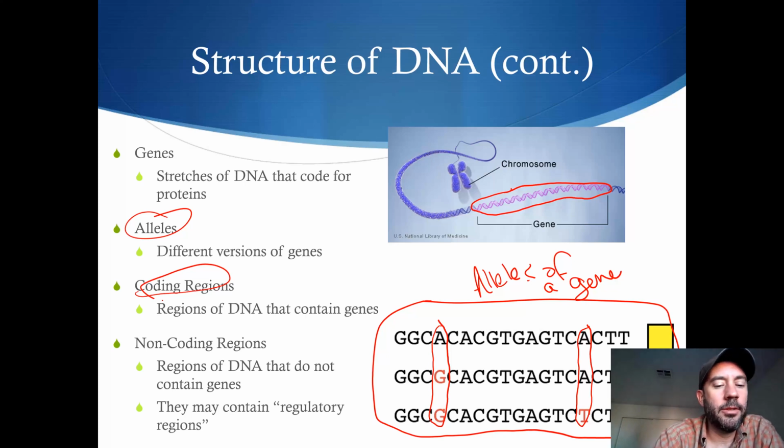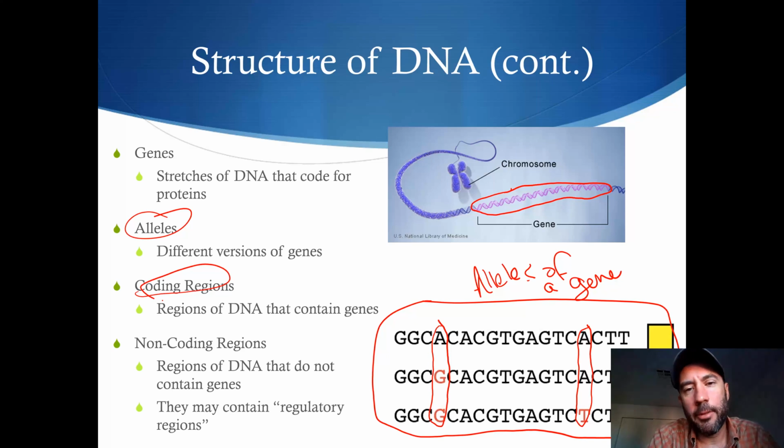Non-coding regions either do not contain genes in them, or they're sections of genes that don't specifically code for proteins. I know it seems a little bit confusing, but just think coding means it carries some instructions for a protein. Non-coding means it doesn't, okay?